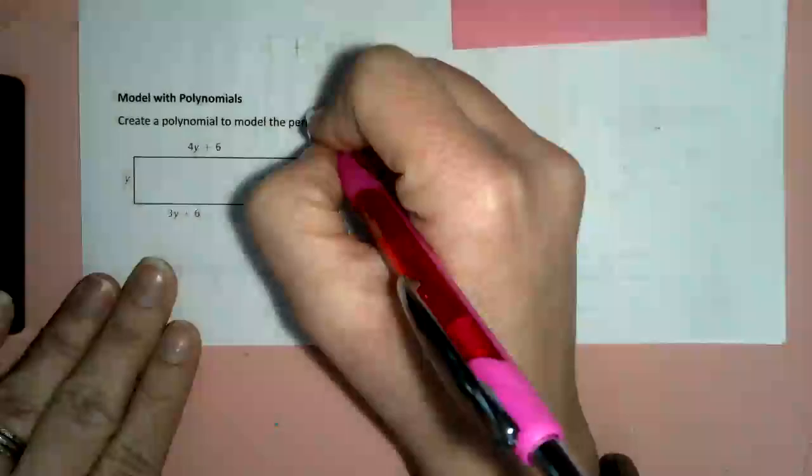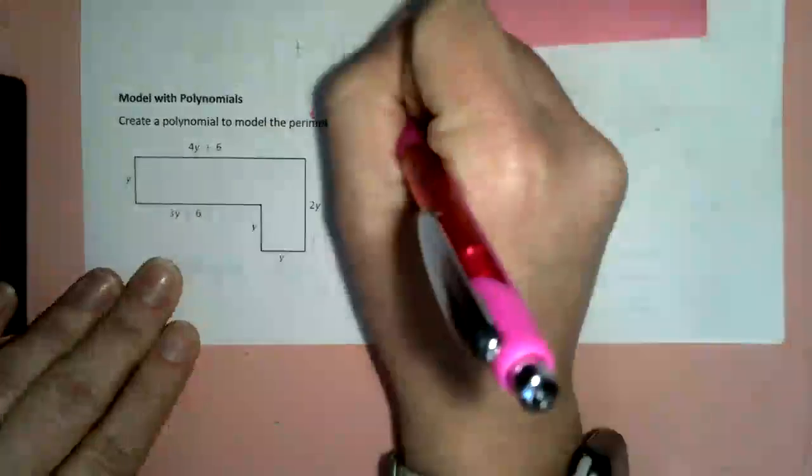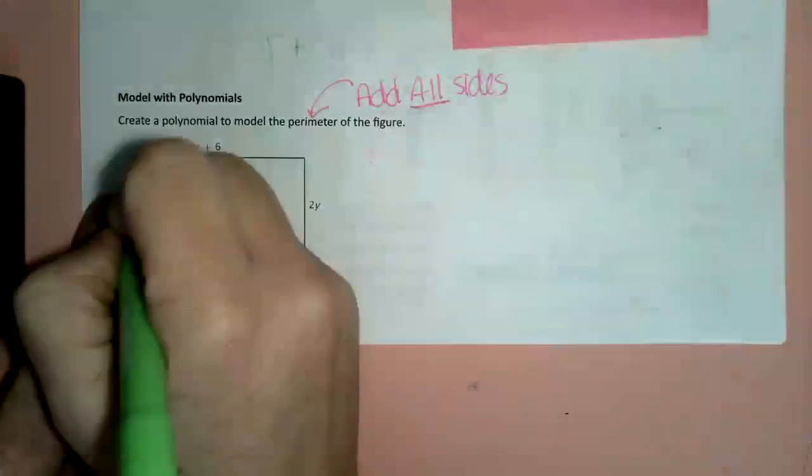In order to calculate perimeter, all you have to do is add up all the sides. All the sides, every single one of them. All right? So in order to do that, I'm just going to start writing a big long line here. The first side I'm going to write down is a y.